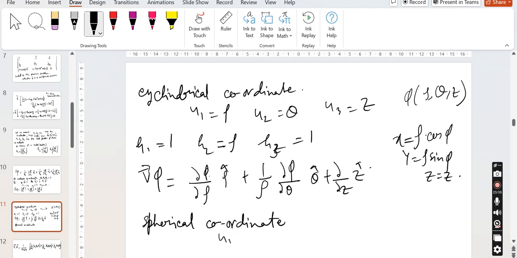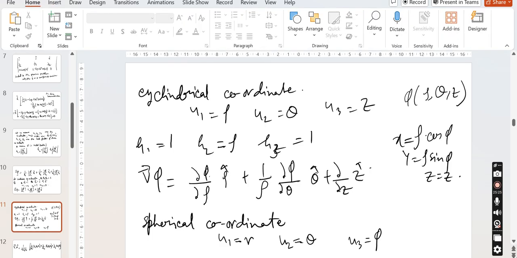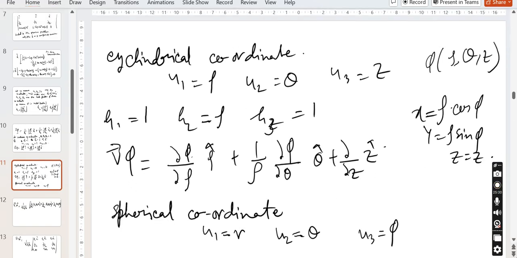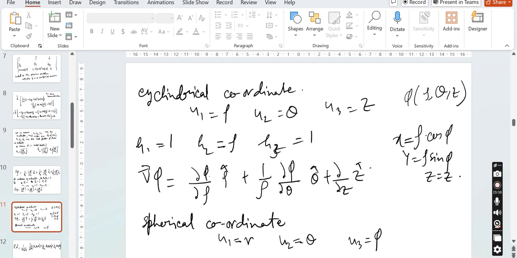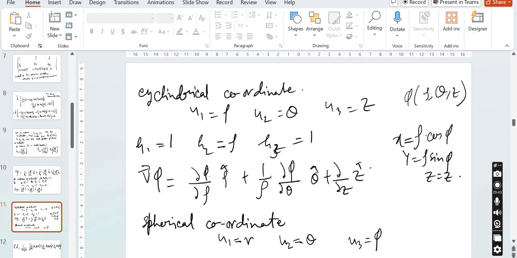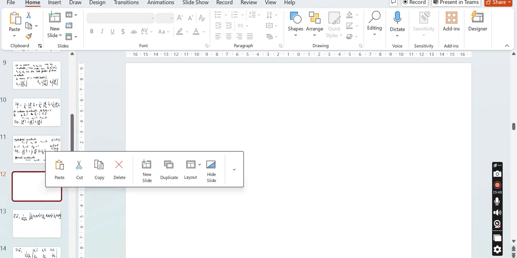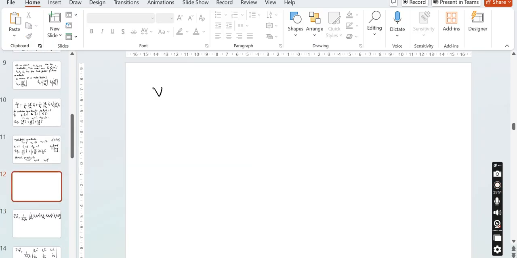For spherical coordinates, u1 equals r, u2 equals theta, u3 equals phi.